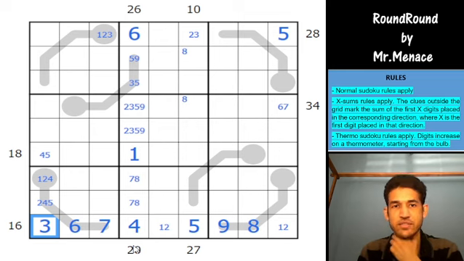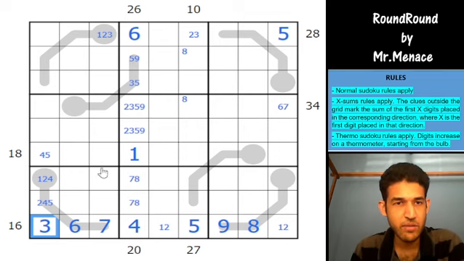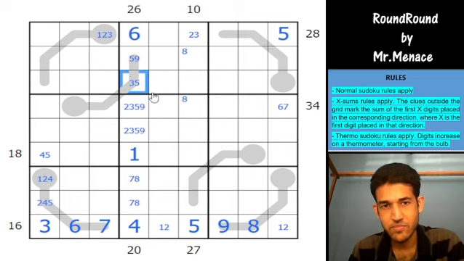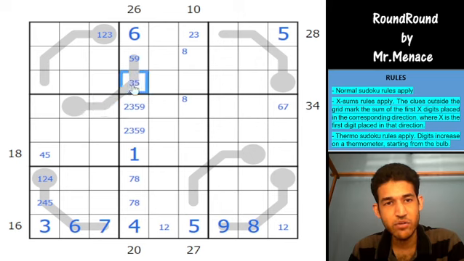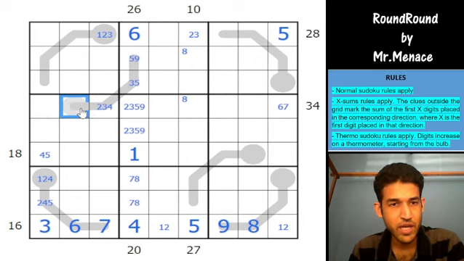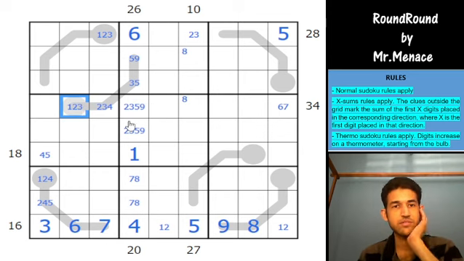Okay, somewhere there is some deduction I'm yet to see. Maybe this thermo will help us, because you have 3 5 here, which means that this would be minimum 2 and maximum 4, because the maximum value here is 5, so this would be max 4. So 2 3 4, and this would be 1 2 3. Okay.